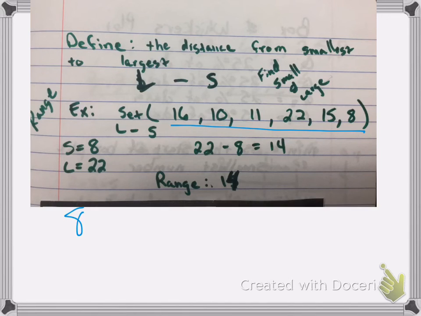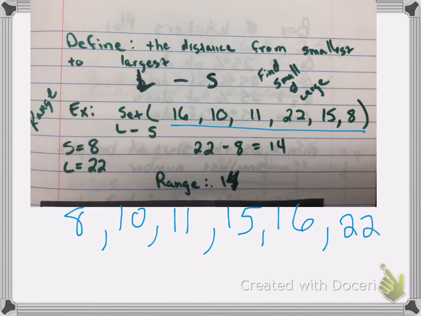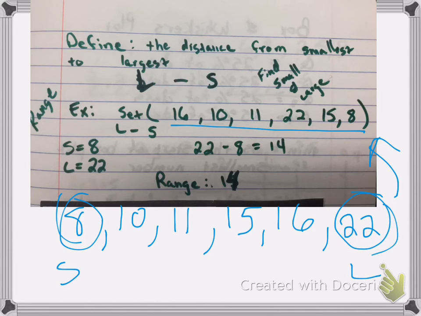So 8, 10, 11, 15, 16, 22. All I did was I took that data and put it in order. Now it's a lot easier to find my largest and my smallest. So in order for you to find your range, you take your largest and subtract your smallest from it.